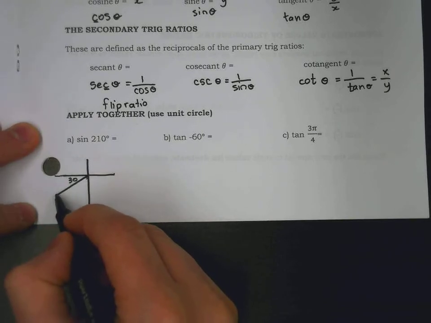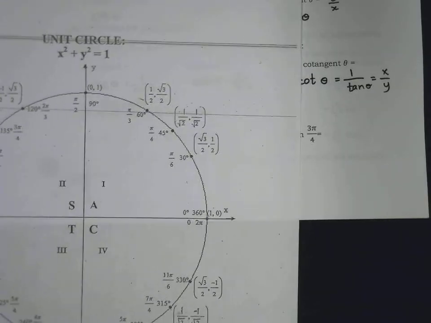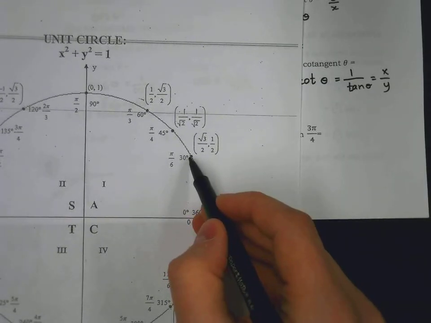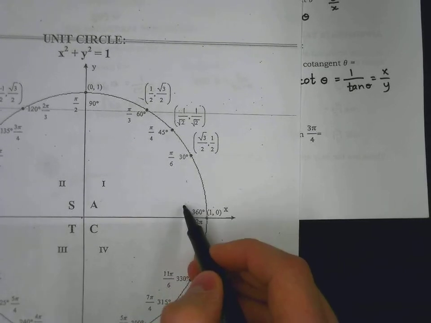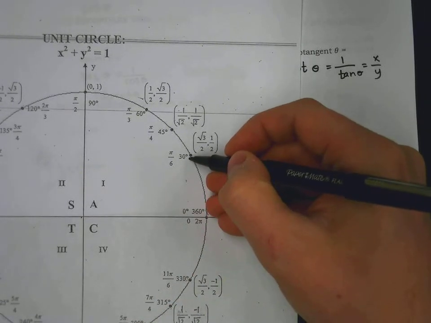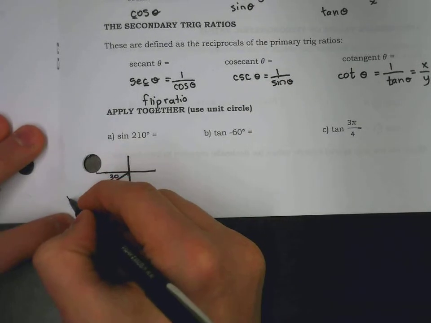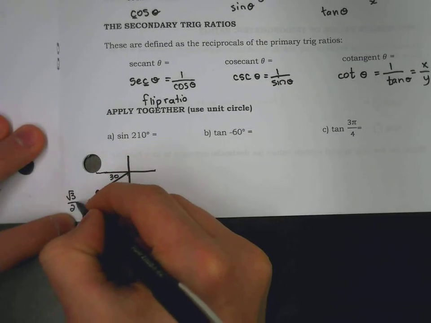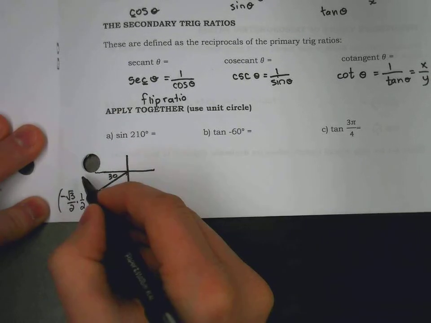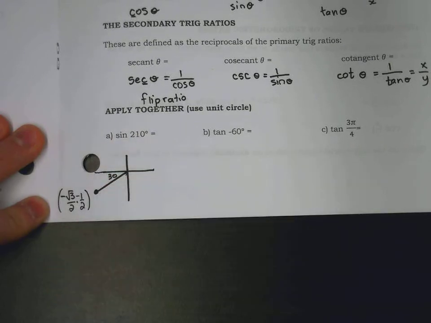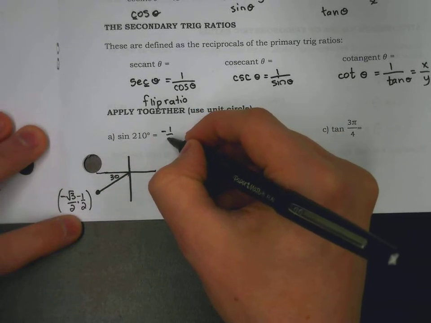And if you know that the 30-degree reference angle is just like the first quadrant, 30-degree reference angle has a big x value, root 3 over 2, small y value, 1/2, then we can place those values here. Big x value, small y value, knowing that the x is negative to the left, y is negative going down, and the sine is the y value, so the answer should be a negative 1/2.